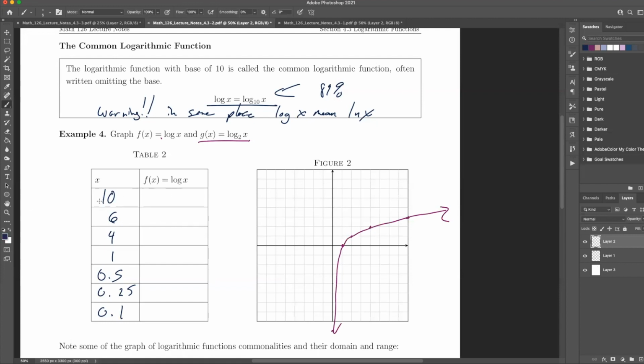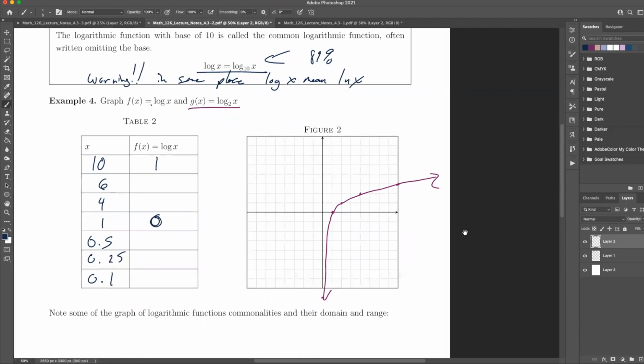Here, log base 10 of 10 is 1. Log base 10 of 1: 10 raised to what power is 1? It's always 0. When x is 1, the log will always be 0. It's kind of like in the exponentials, when x was 0, it was always 1, because they're inverses, and so this is true in reverse.